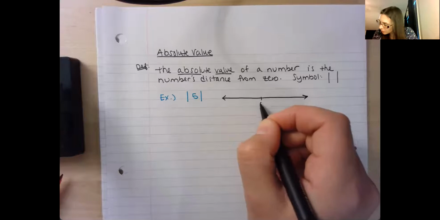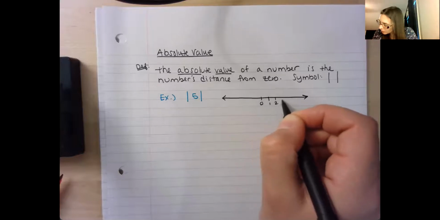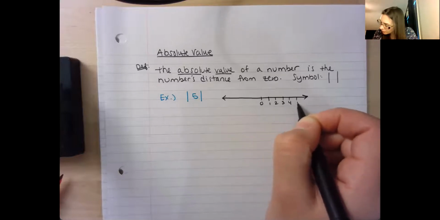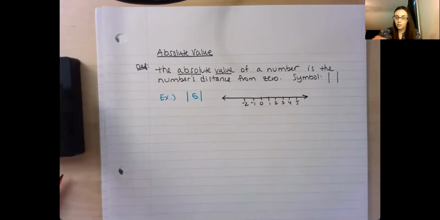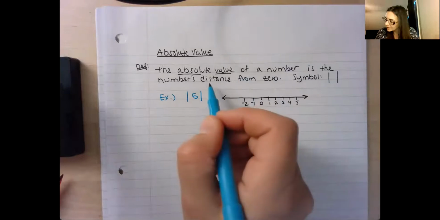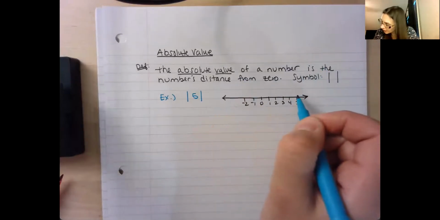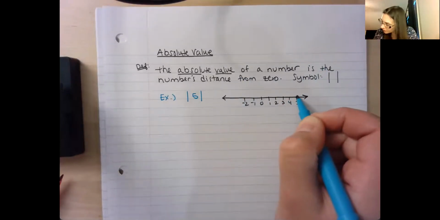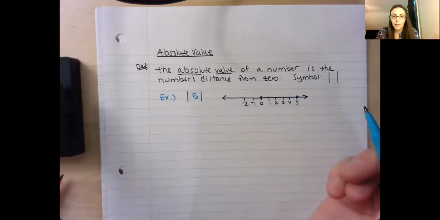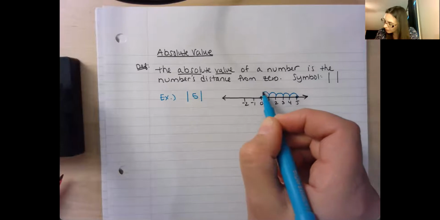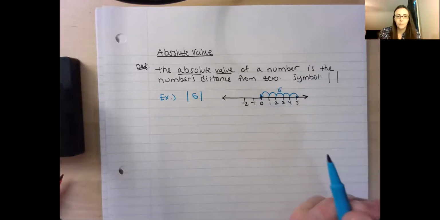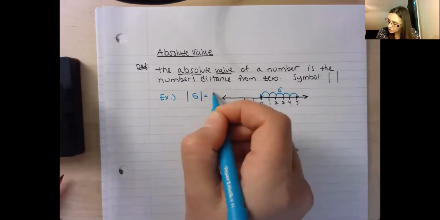So here's 0, 1, 2, 3, 4, 5. Let's put a few values in on the other side. And we're going to find the distance from 0. So basically you're saying, okay, here I am at +5, and here is 0. What's my distance? Well, I would count 1, 2, 3, 4, 5 spots. So the absolute value of 5 is just 5.